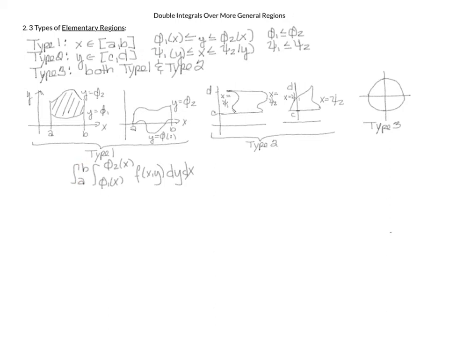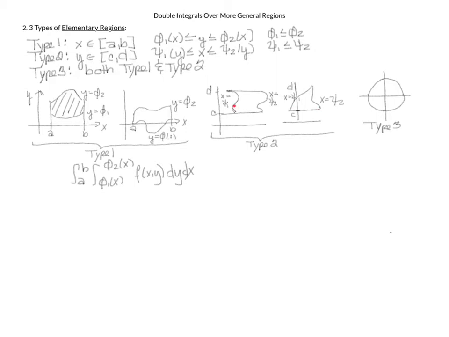Type 2 regions have x bound between two functions of y, phi1 and phi2. So I have two examples here. So here we have y going between c and d. Again, y goes between c and d. Here is the top value of y, see here.